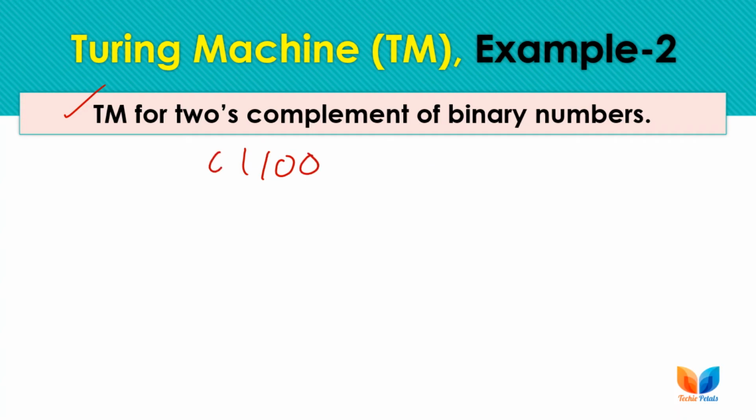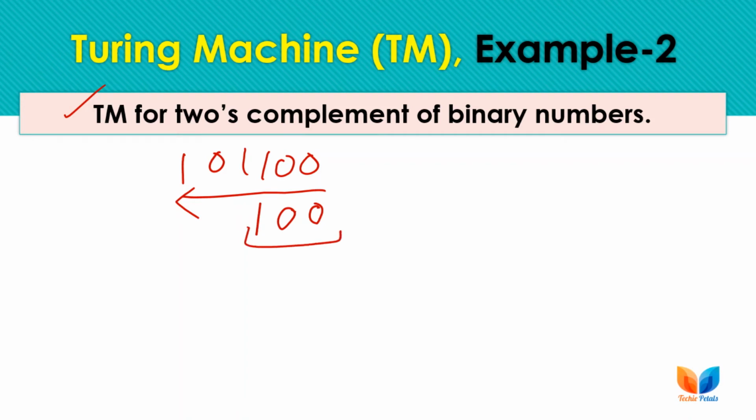Okay, so for 2's complement, one process is to convert to 1's complement and then add 1, and the second shortcut is to just read the string from right to left and replace all zeros with 0 until we get the first 1.